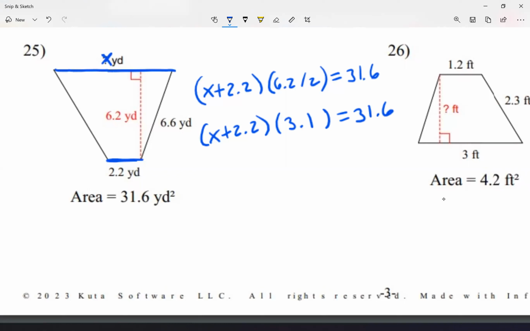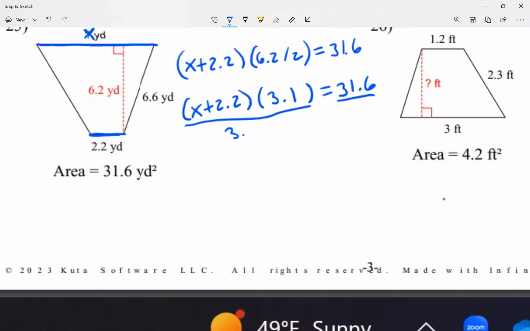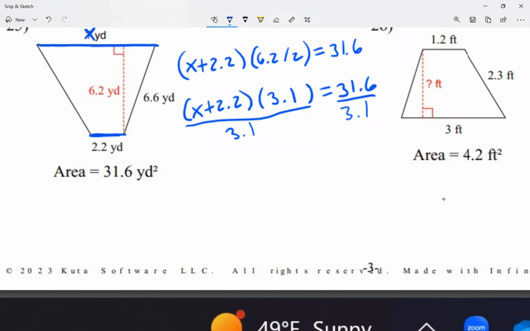Just wanted to work one of the parentheses. Now let me divide both sides by the parentheses I worked, in this case, 3.1. I want to cancel one of my parentheses, so let me do 3.1 on each side. Again, I want to cancel one of my parentheses.